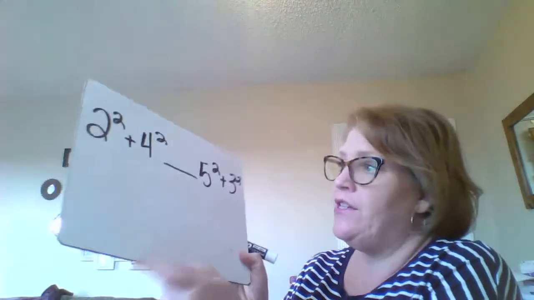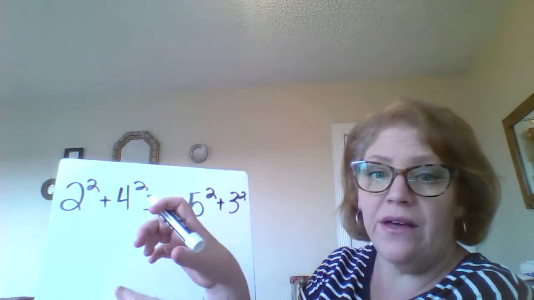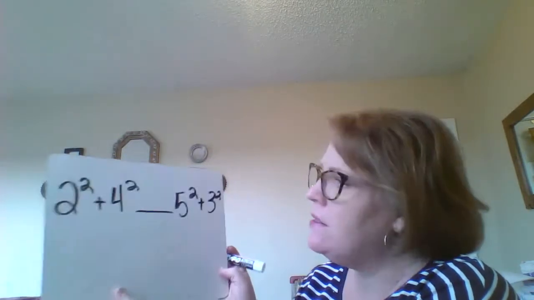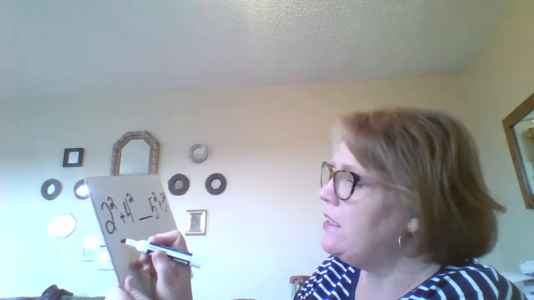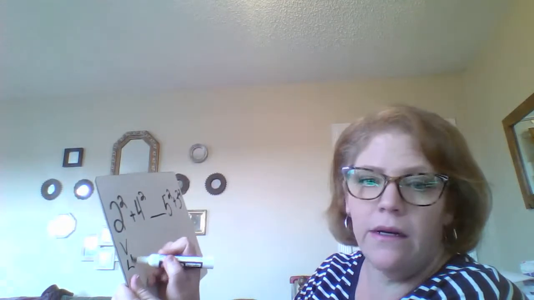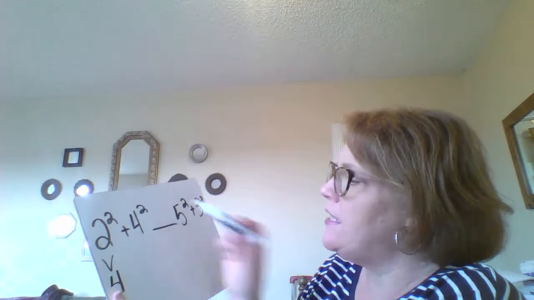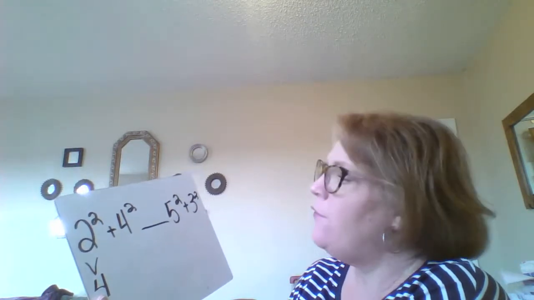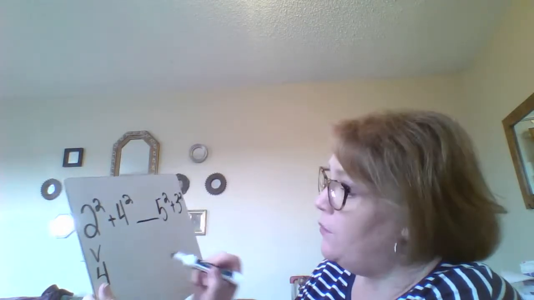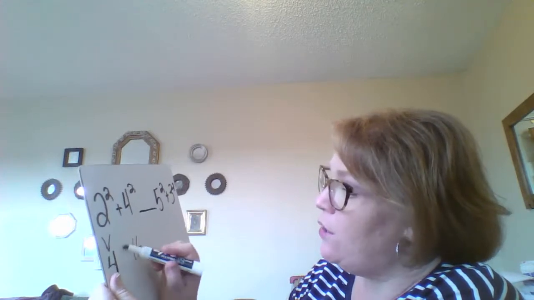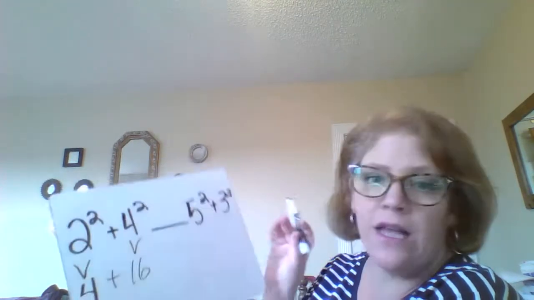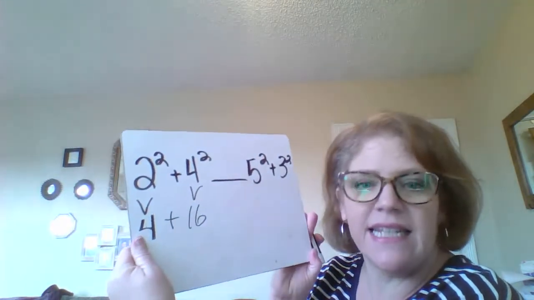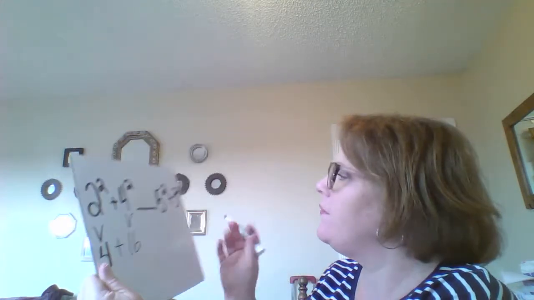Okay. The first thing we have to do is find the value of these exponents. So 2 to the second power is 2 times 2. So we know that that is 4. Okay. 4 to the second power is 4 times 4, which is 16. So we know that this represents 4 plus 16. Okay.